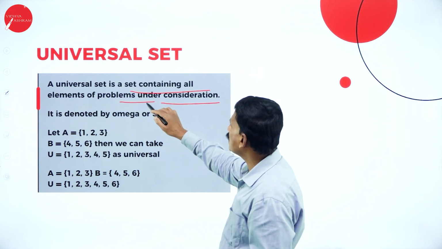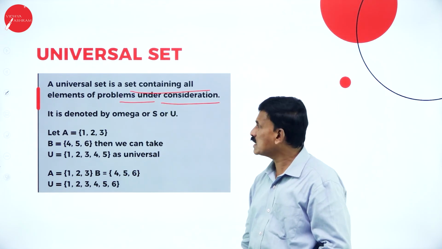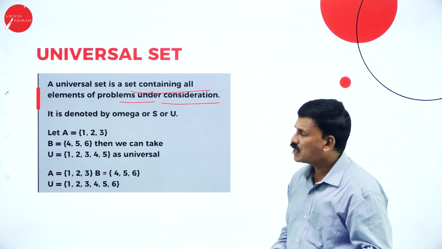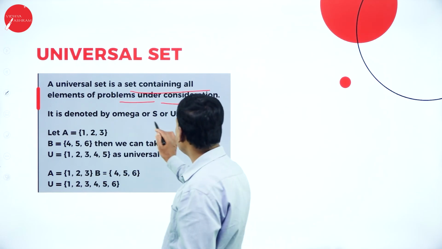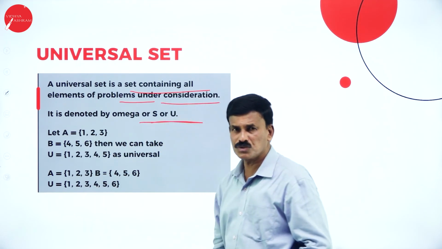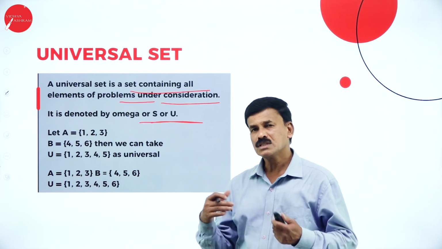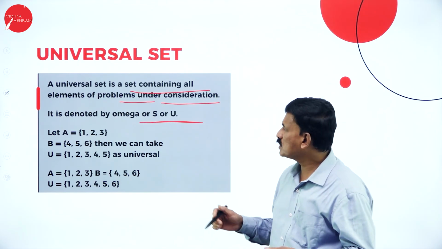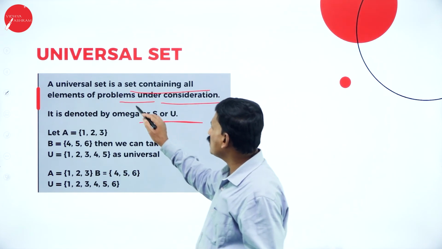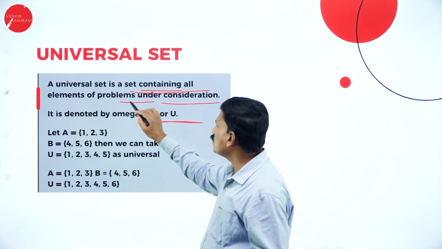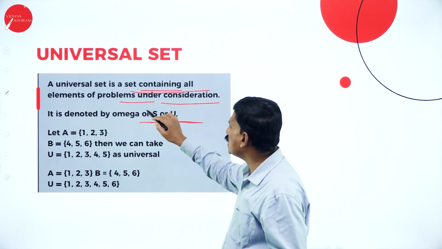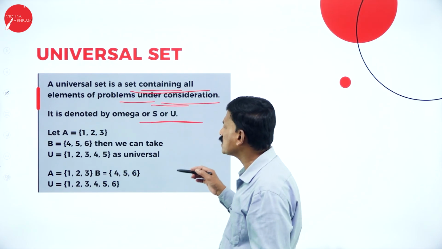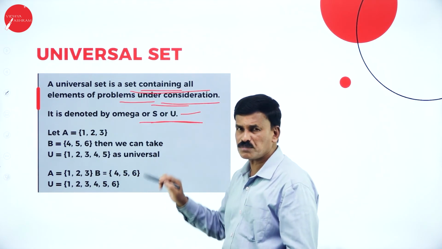It is a set consisting of all the elements of the problem under consideration, and it is denoted as S or U. So, this is nothing but the superset of each and every set. Set of all the sets comes under the universal set and it is denoted as capital S or U.